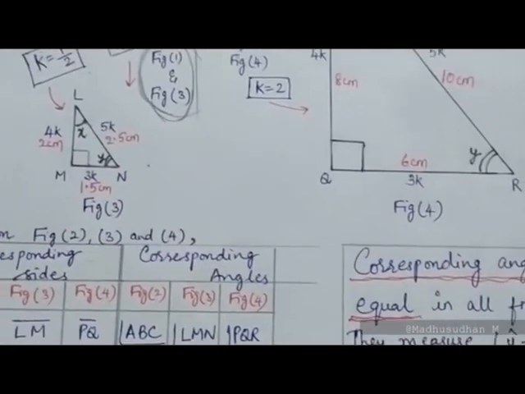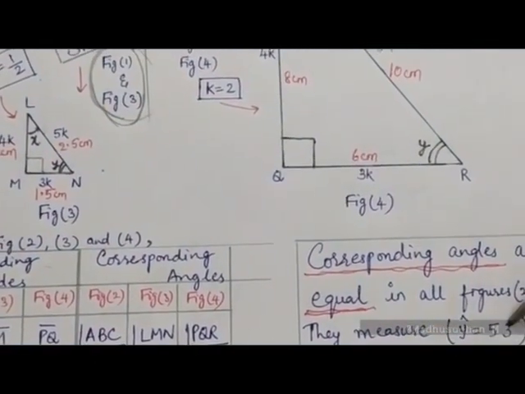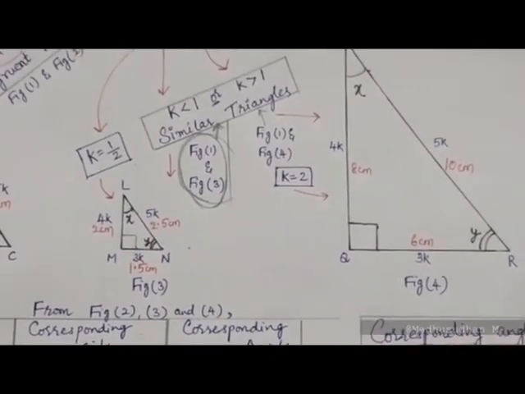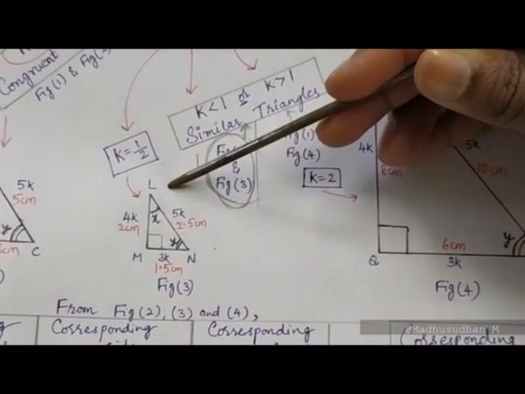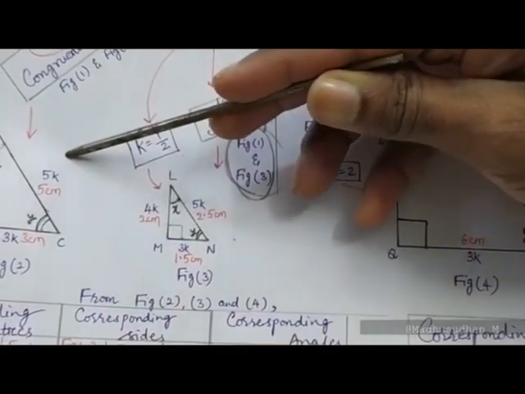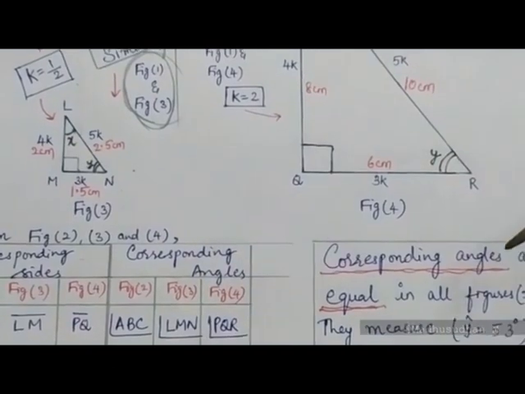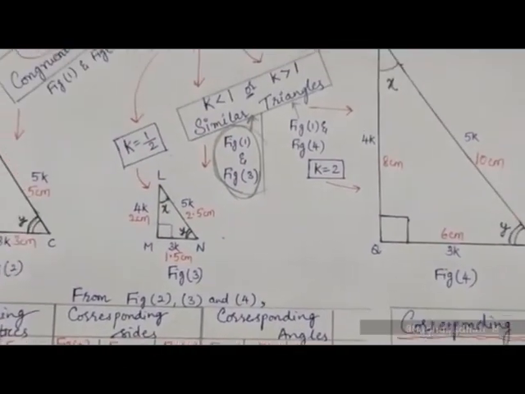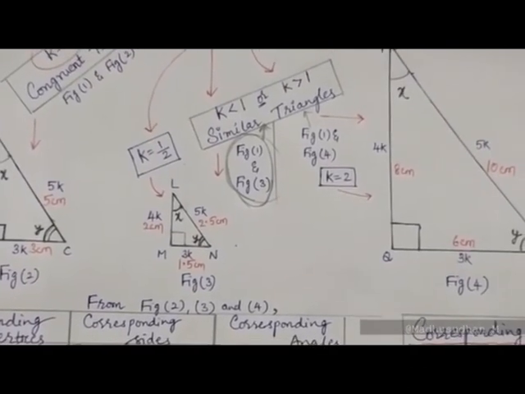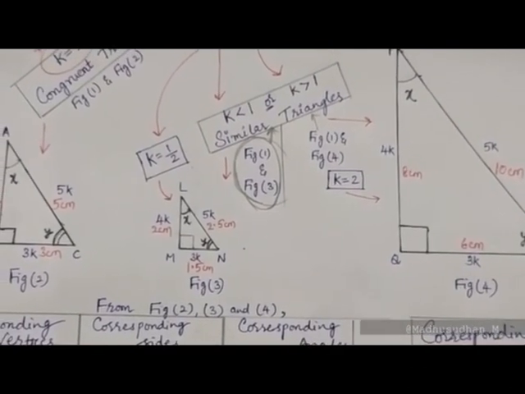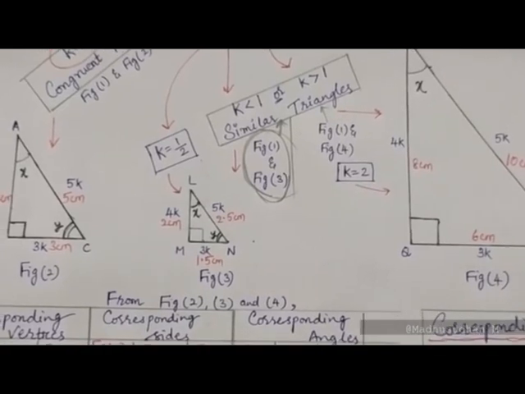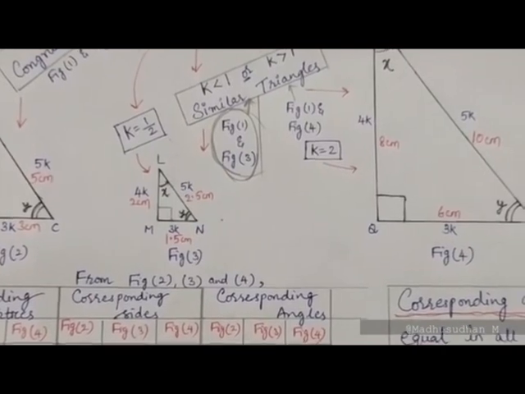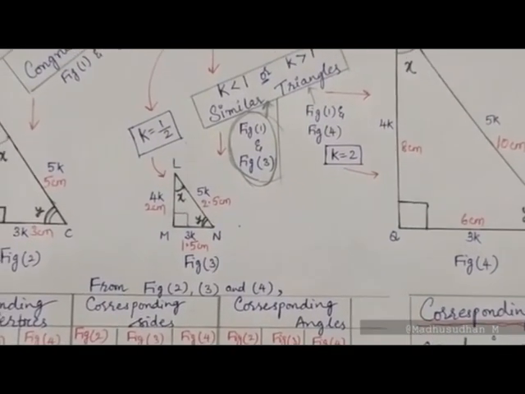They all are exactly equal to 53 degrees. The angle X in figure 4, the angle X in figure 3, the angle X in figure 2, they measure exactly 37 degrees. Therefore, we can conclude that in these three similar triangles, which have the same right angled triangular shape but differ in size, the corresponding angles are always equal in similar triangles.